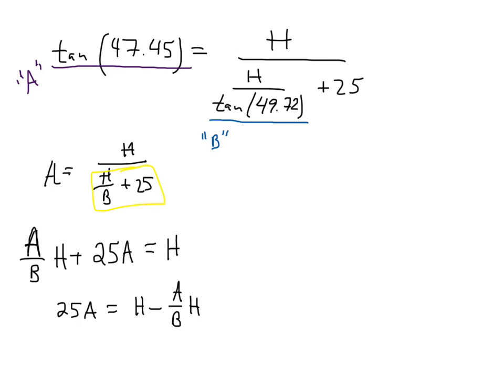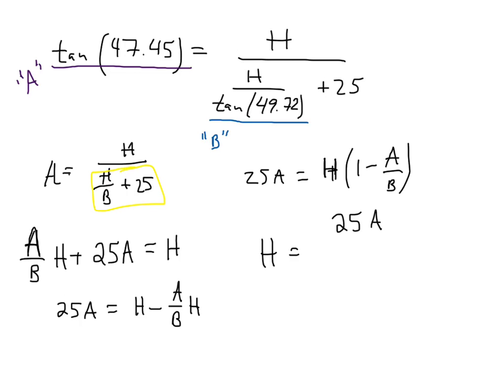From here we can factor an h on the right, so that would yield 25A equal to h times 1 minus A over B. And we can divide both sides by 1 minus A over B to figure out what h is. So h would be equal to 25A over 1 minus A over B.